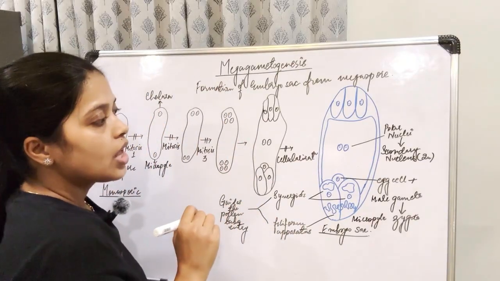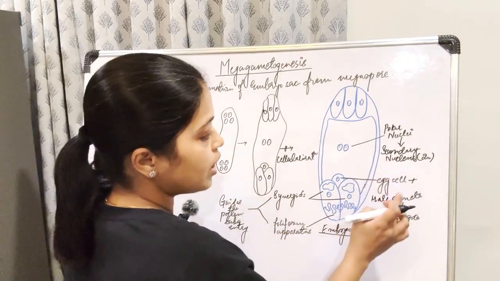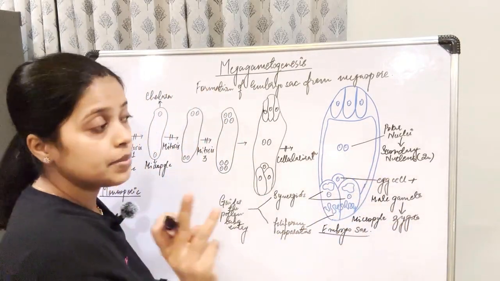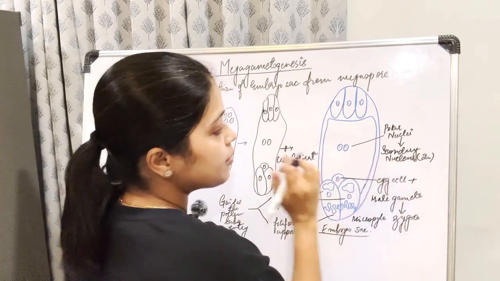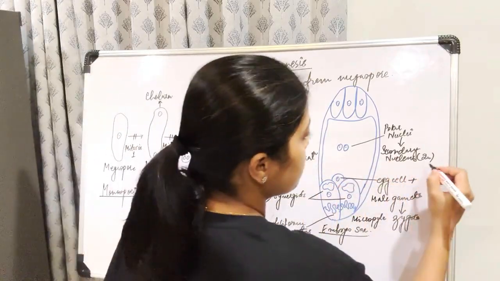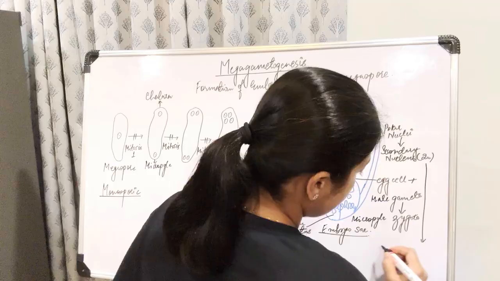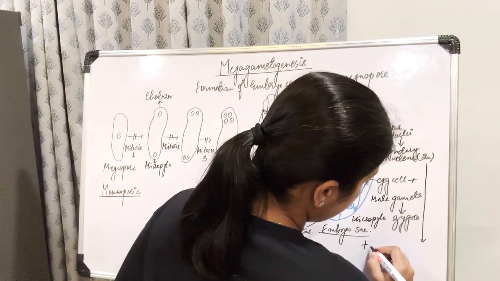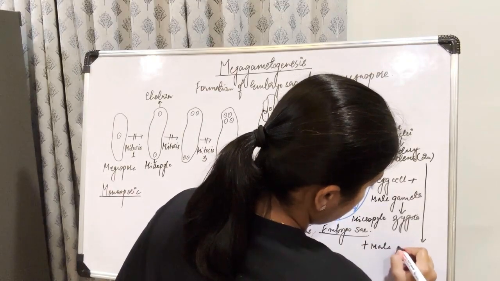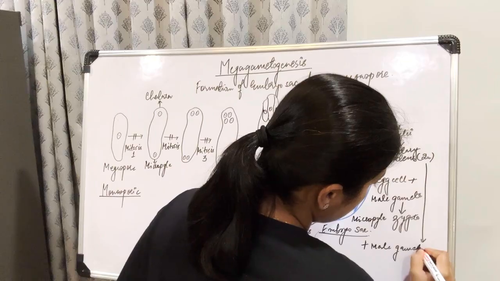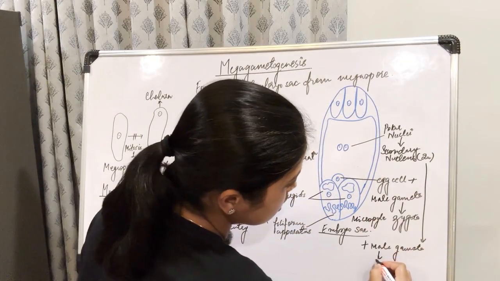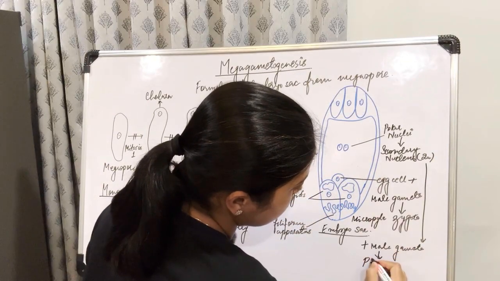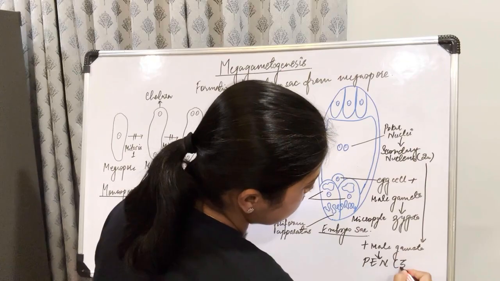Okay, now because there are two male gametes, one of the male gametes fuses with the secondary nucleus. So I will write here, it fuses with one of the male gametes, and after fusion it forms the primary endosperm nucleus, which is triploid.